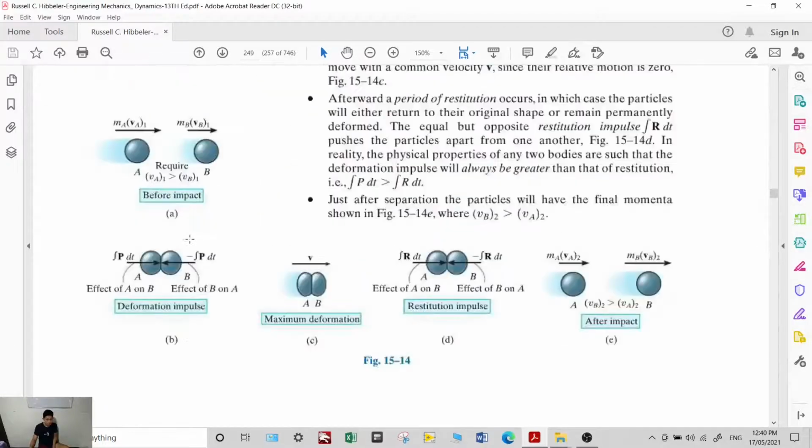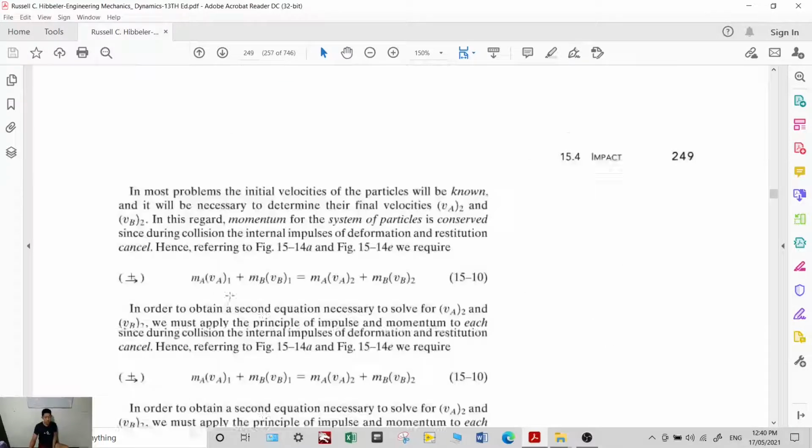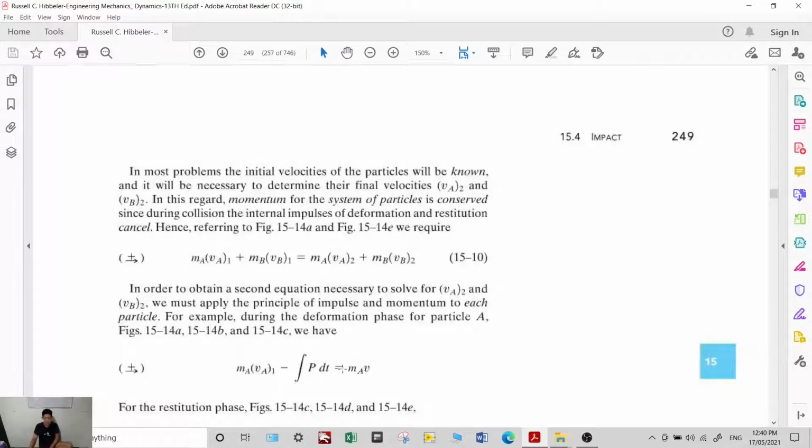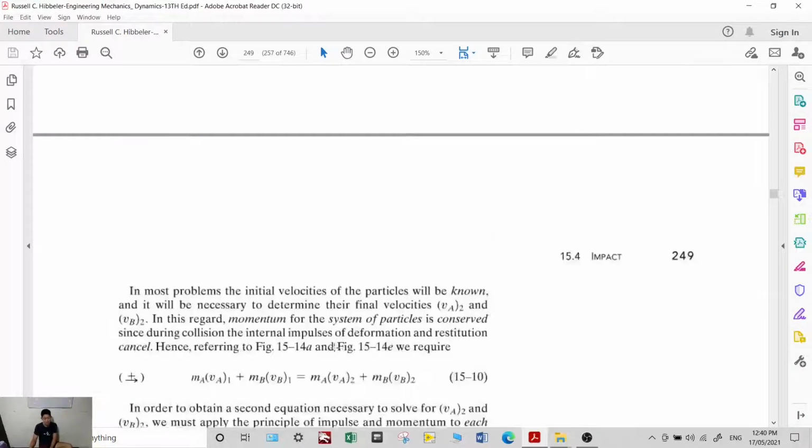It is minus because this is felt by A during the deformation impulse, and it is equal to mA v.